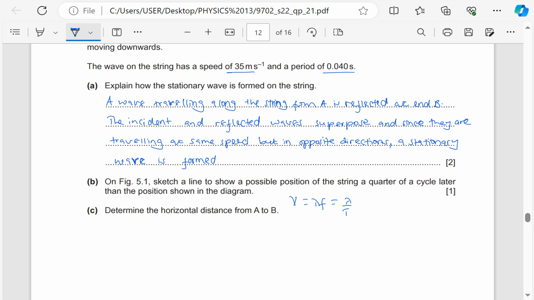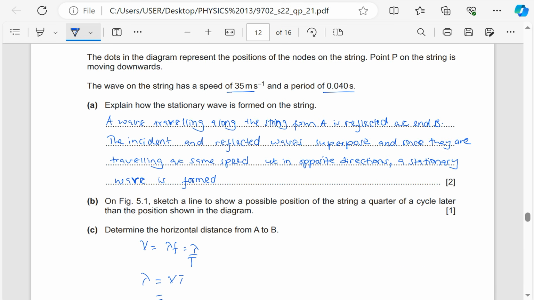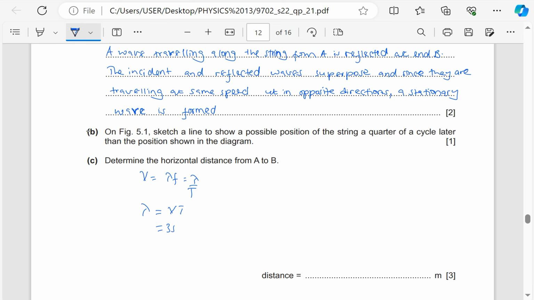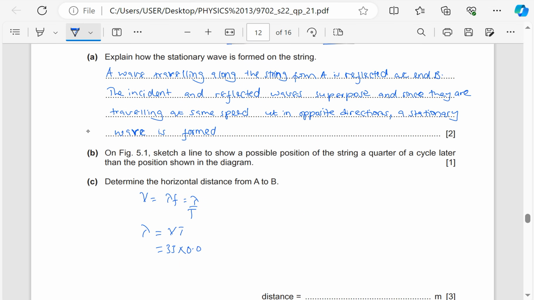Then determine the horizontal distance from A to B. To find that distance, I need to first know the wavelength. V is equal to lambda times F, which is lambda over T, so the wavelength is equal to V times T. They gave us the speed as 35, so it will be 35 times T, which is 0.04.